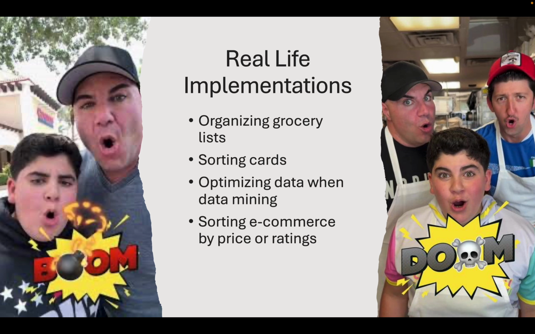Thirdly, you can optimize data when data mining. So let's just say you want to get a bit of Bitcoin, you want to get rich. Well, Quicksort can definitely help with that, and it can optimize the data that you're dealing with so that you are more efficient and you're getting more money. And lastly, but not finally, you can do much more with Quicksort, but these are just the examples we're showcasing. You can sort e-commerce by price or rating.